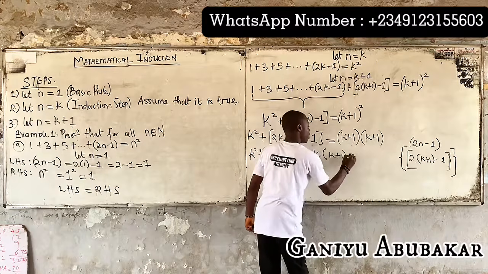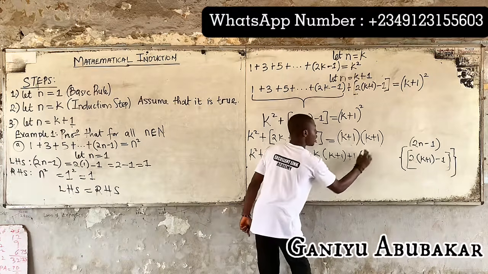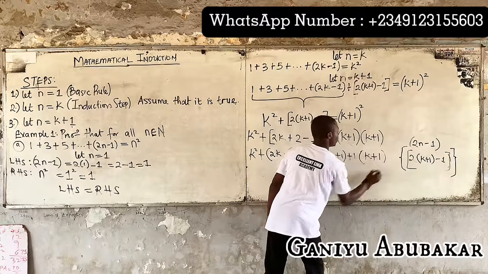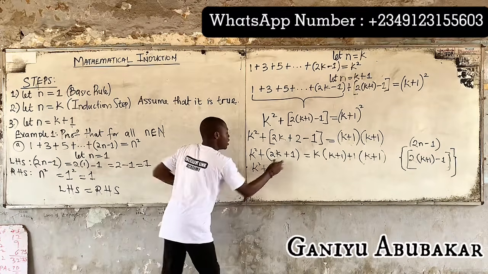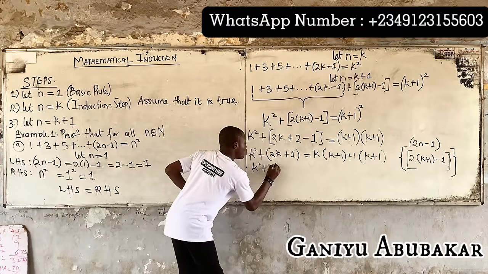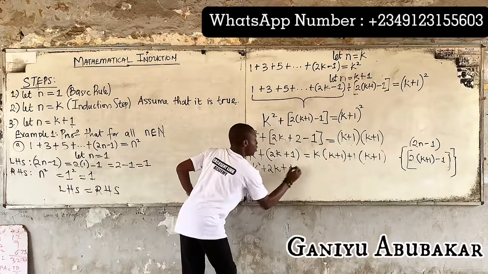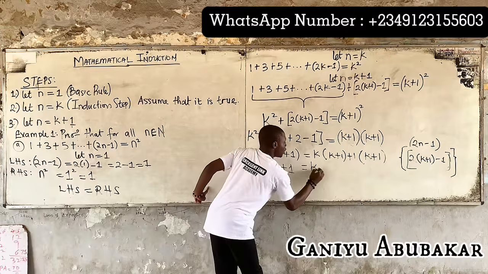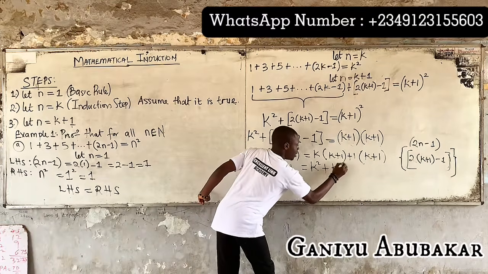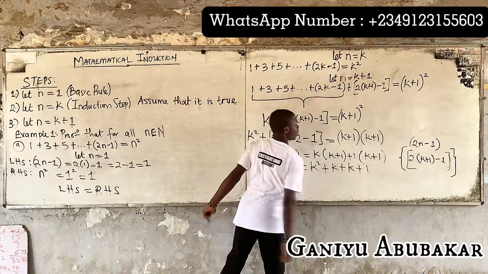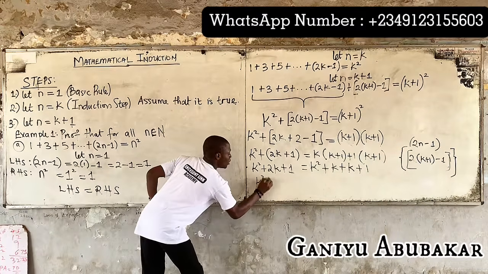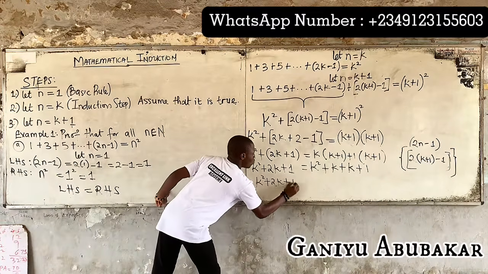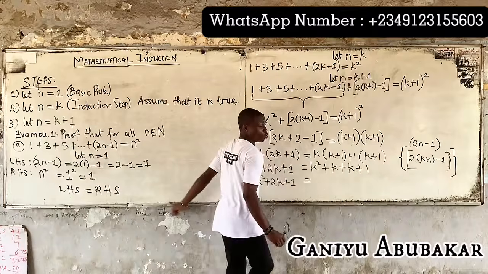What's the second term here? Plus 1 into everything here, k plus 1. What do we get here? I'll have k squared plus, remove the bracket, that becomes 2k plus 1 is equal to, expand, k squared plus k plus 1. True or false?